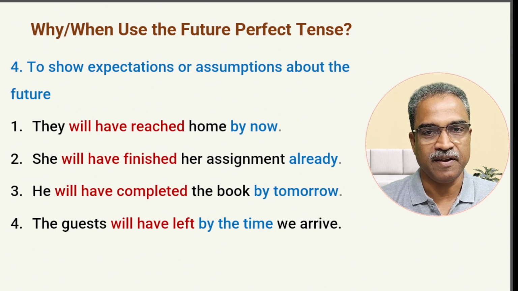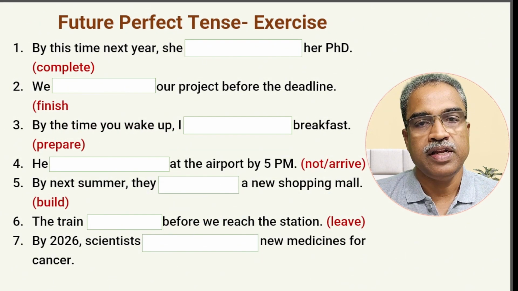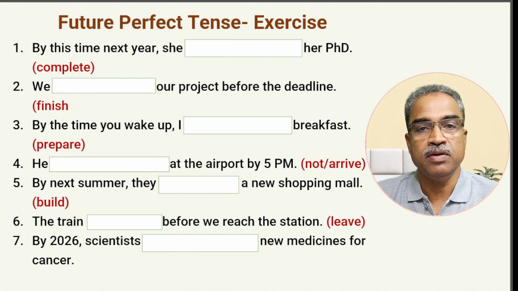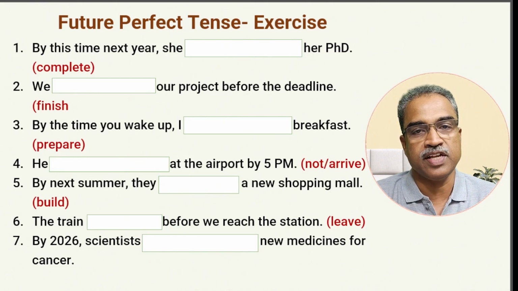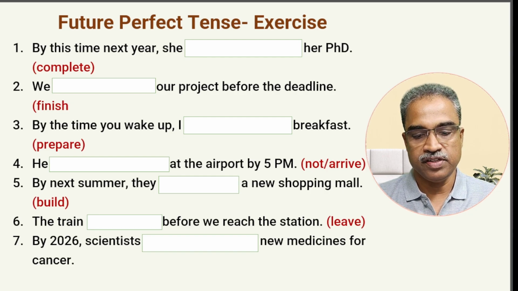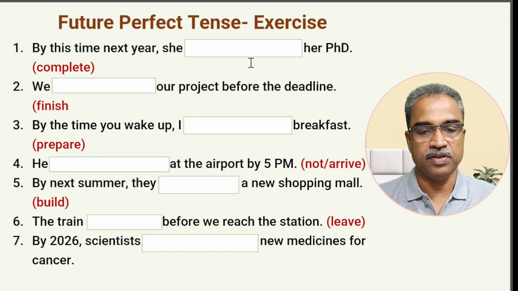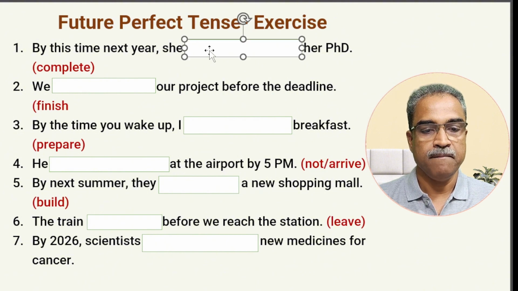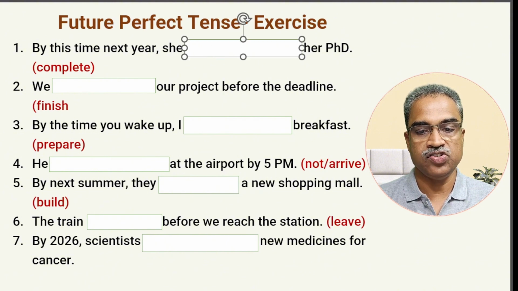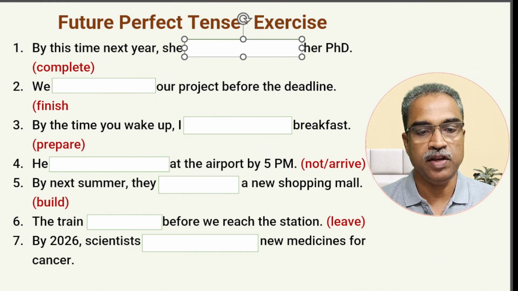I hope it's clear. All right, then let's wind up the future perfect tense with a few exercises here. Let's start doing this one. So let's see how this is all working out. So here we are. By this time next year, she dash her PhD, complete. Can you complete the sentence with the verb complete?